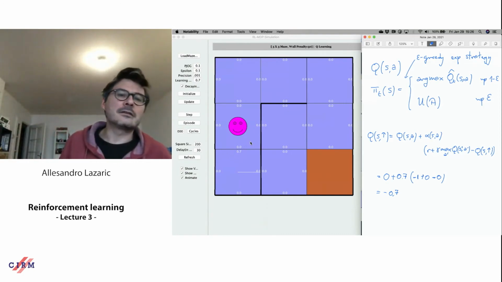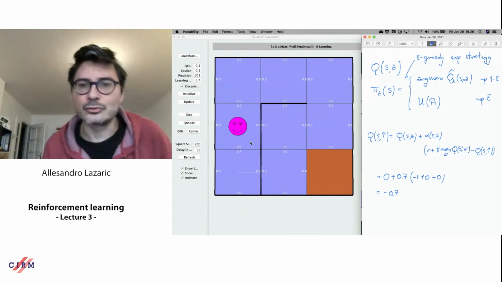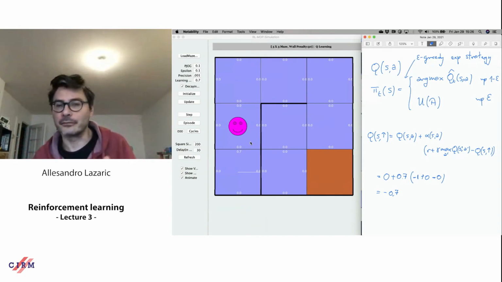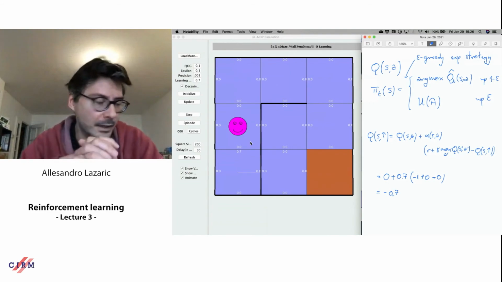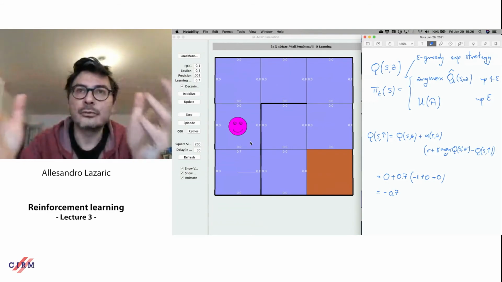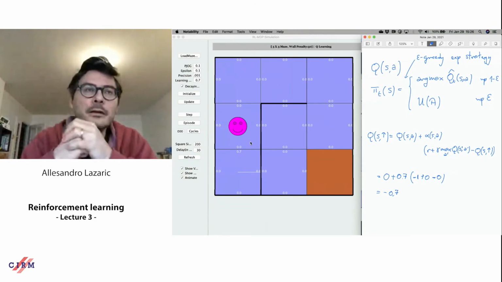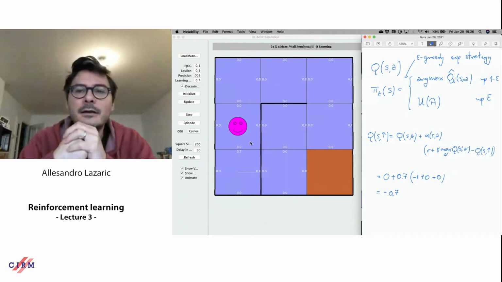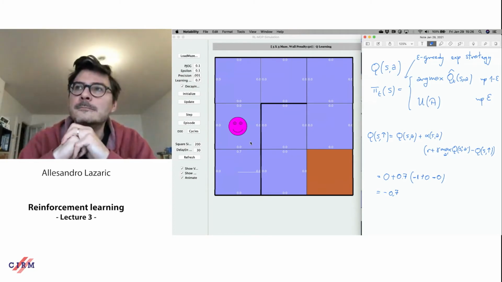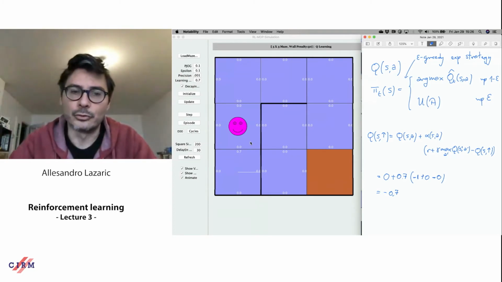I tell the agent that you have 4 actions to take in each state, which are 1, 2, 3, and 4. So no meaning, no semantics attached to it. And what you have observed is that you were in state 1, you took action 1, you observed a reward of 0, and you ended up in state 2. And that's all you know, right?